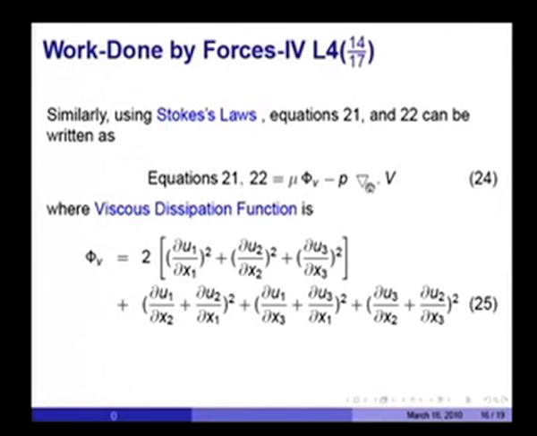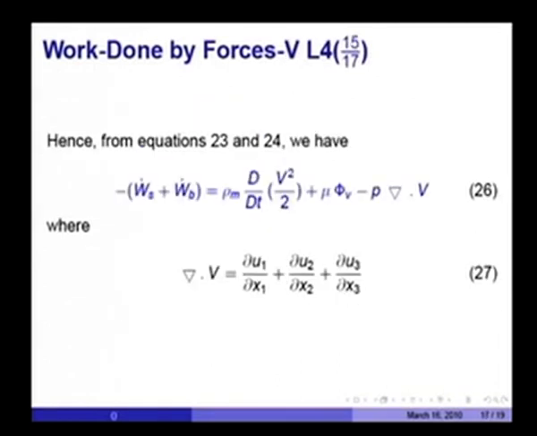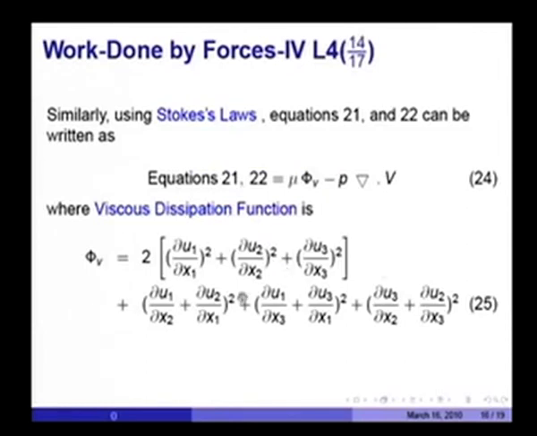Del dot v, as you recall, is simply du 1 by dx 1 plus du 2 by dx 2 plus du 3 by dx 3, and therefore, the total work done terms are simply rho m into d by dt of v square by 2 plus mu phi v minus p del dot v. You will notice that phi v will always be positive, because it is the sum of all the gradients squared.